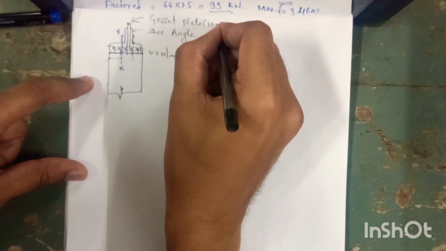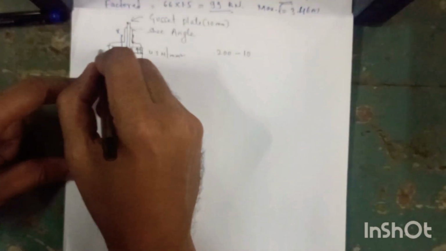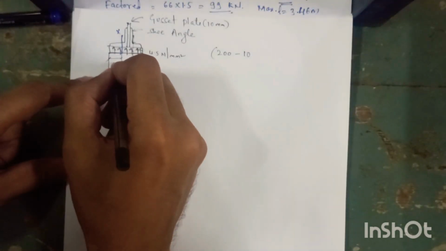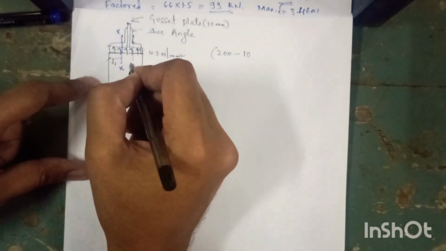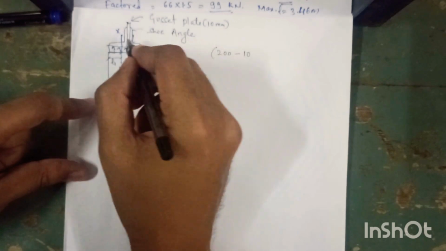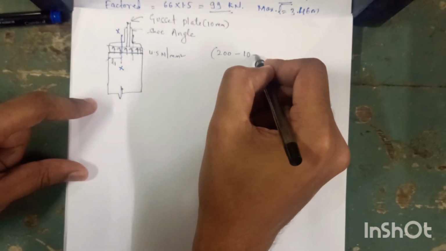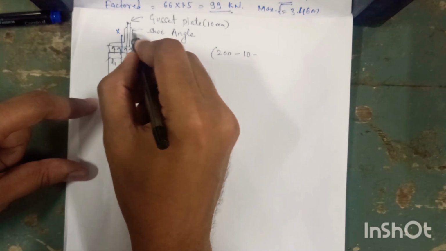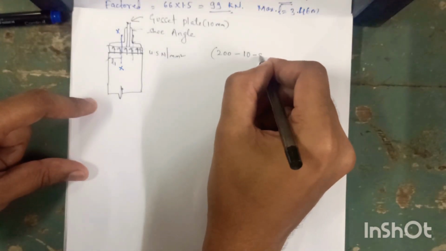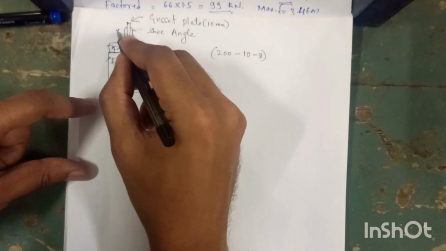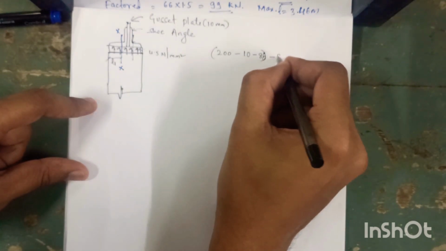Gusset plate is 10 mm thick. Let me call this cantilever length as L1. The total width 200 minus gusset plate thickness minus the thickness of the shoe angle, which is 8 mm, so minus 8 mm this side and minus 8 on the other side.